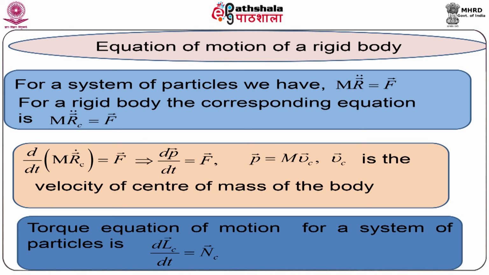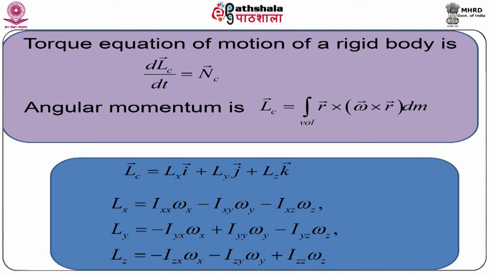The angular momentum of the rigid body L c vector about the point C is given by integration over volume r vector cross omega vector cross r vector dm, r vector being the position vector of an element of mass dm with respect to C. This can be treated independently of the translational motion of center of mass.